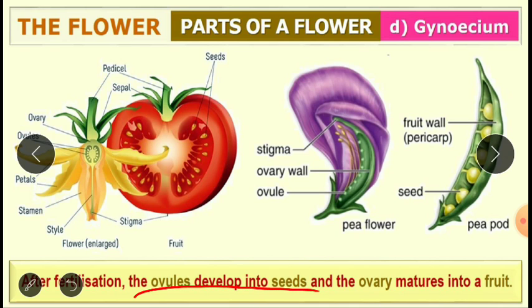So observe here, these are nothing but the ovules of the flower which are developing into the seed. And the ovary will mature into a fruit. Hence after fertilization, the ovules develop into seed and the ovary matures into a fruit.